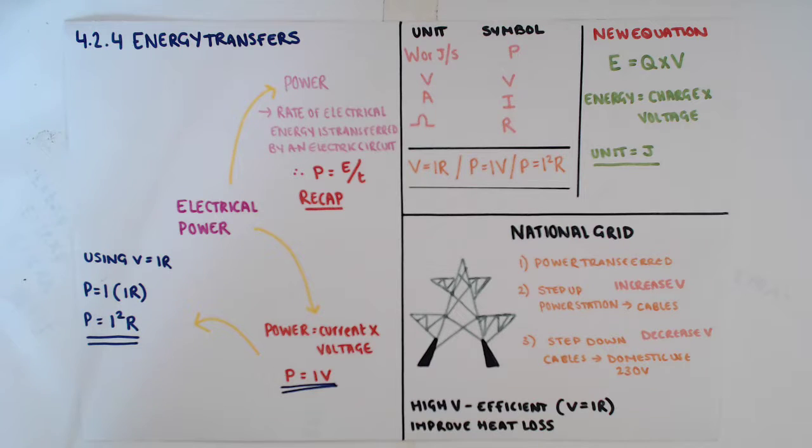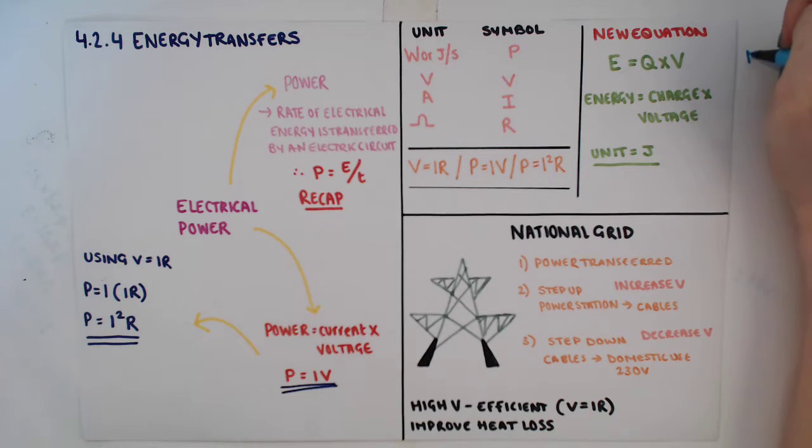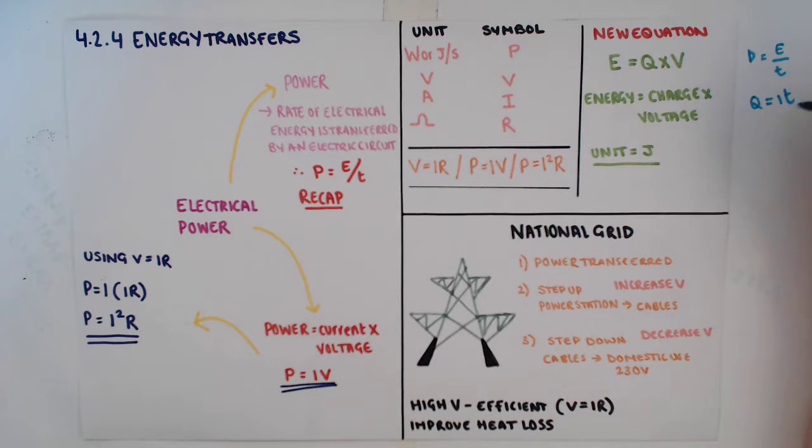Okay, so energy is equal to charge times voltage, but this comes from the fact that if power equals energy divided by time, and if we remember that Q is equal to I times T, current times time, we can sub Q into this equation.